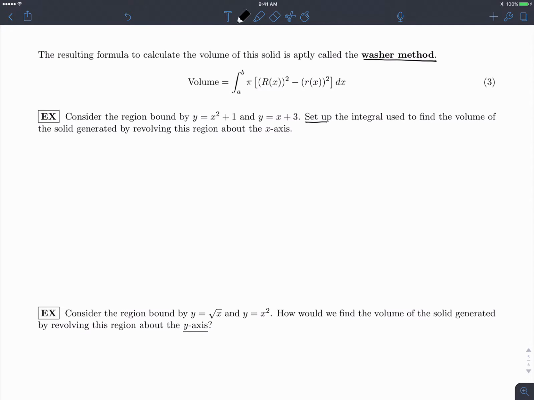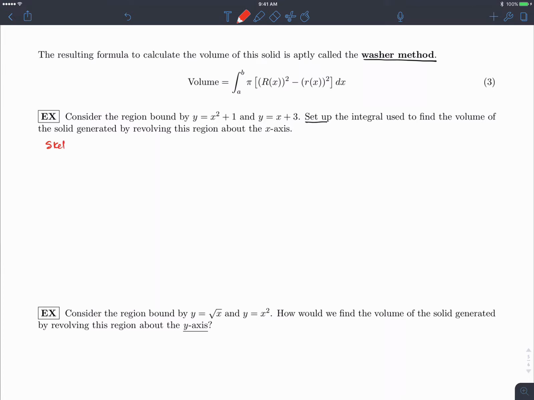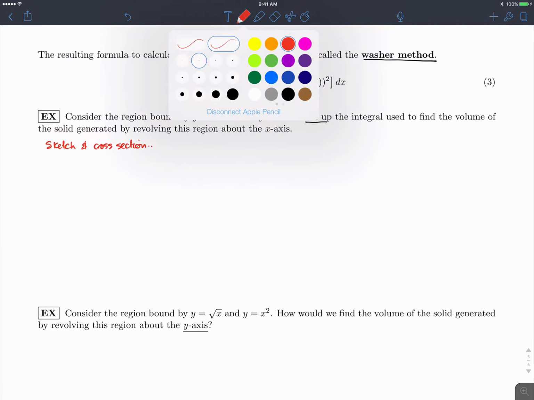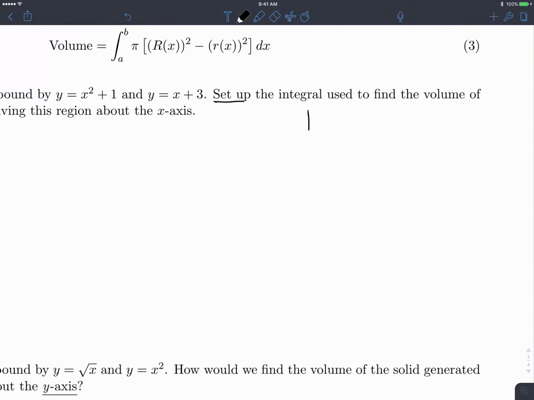So let's get a little sketch together and draw the cross section like we normally do. If we were to draw these curves, here's our y-axis and our x-axis.